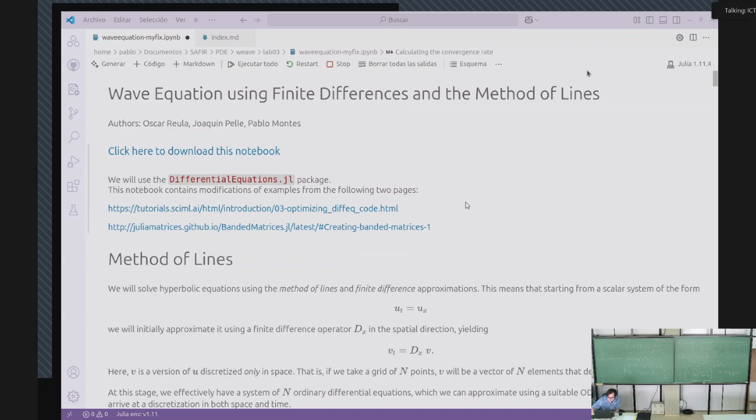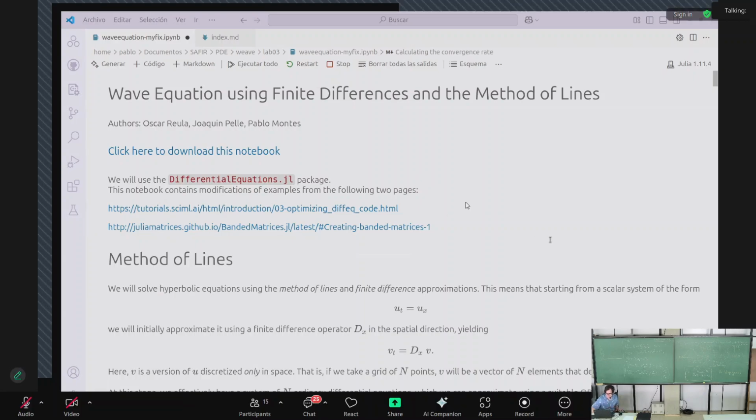So this is the notebook. Could anyone download it and check it out? Not yet.